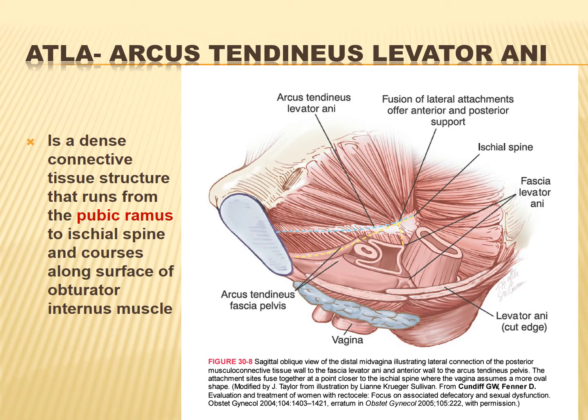Whereas the arcus tendinous fascia pelvis, in this image, you can see as a dotted yellow line. It extends from either side of the pubic symphysis up to the ischial spine. So these are the important tendinous structures before talking about the pelvic organ prolapse quantification system.